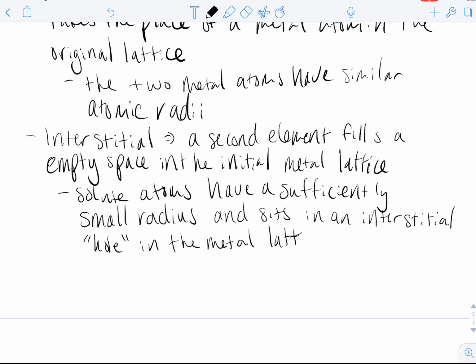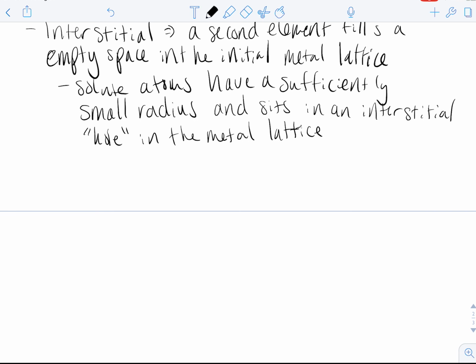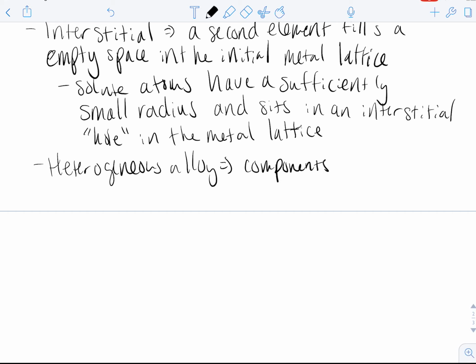Okay. Our last real, kind of normal type of alloy is heterogeneous. Our components are not dispersed uniformly. So when we add in our solute, it only goes to certain parts of our metal solvent.